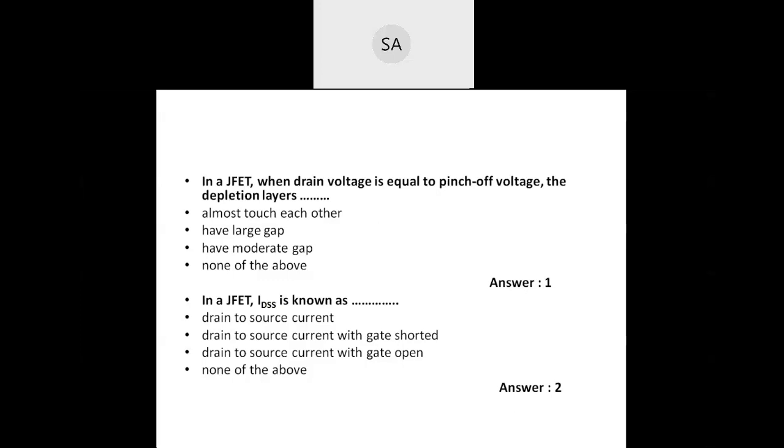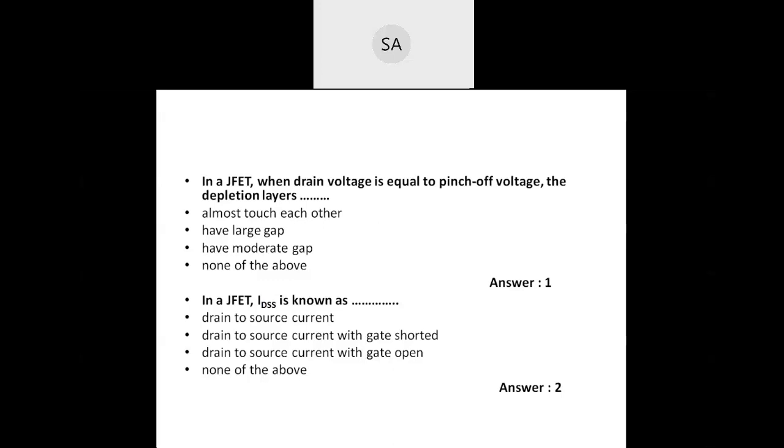In a JFET, IDSS is known as the maximum current when VDS is equal to VP. So what is IDSS? Drain to source current with gate shorted, drain to source current with gate open, or none of the above. From the characteristics we have discussed, IDSS is the drain to source current where the gate is short circuited.